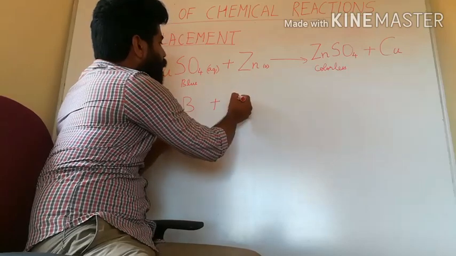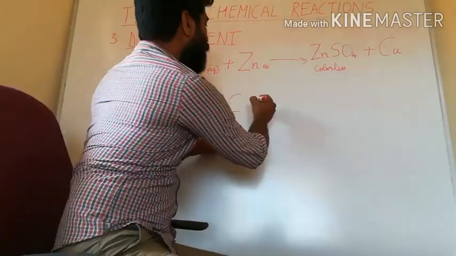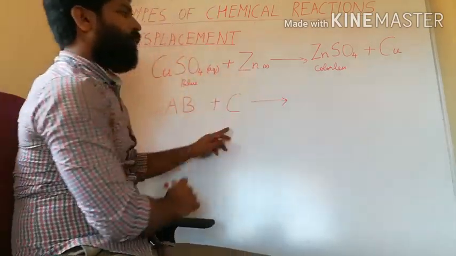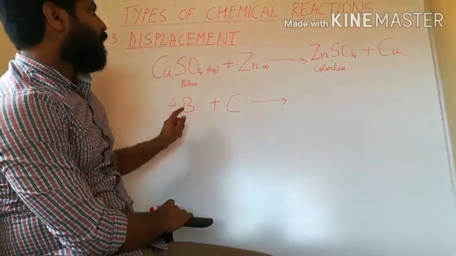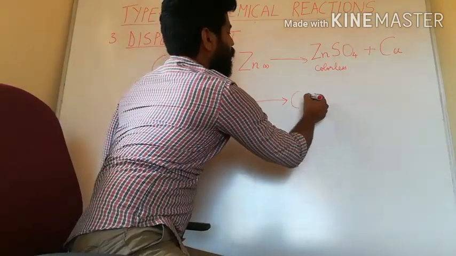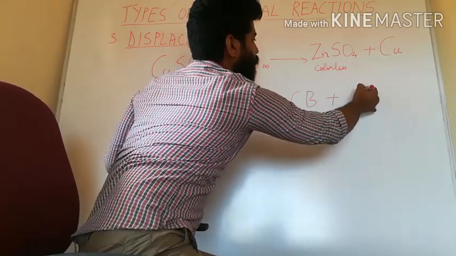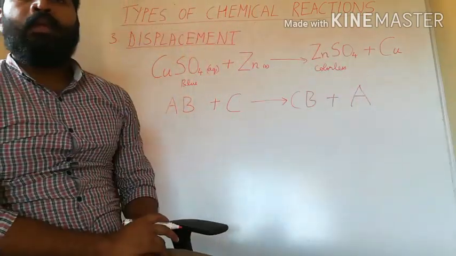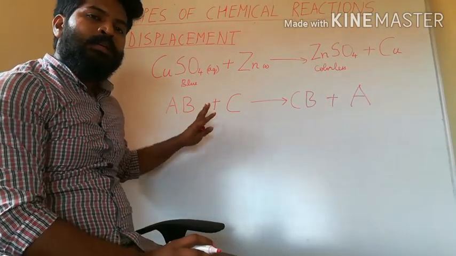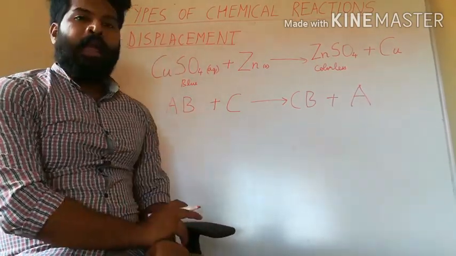To that, if you put another more reactive element C, what will we get? We get CB plus A. So this is the general form of displacement reactions.